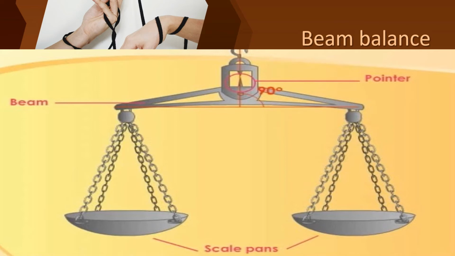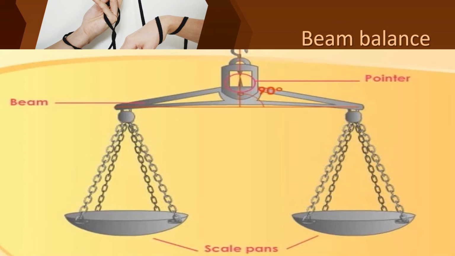Children, what are the parts we have seen here? A pointer at the top, a horizontal beam, and two scale pans, that is the left pan and the right pan. How will you measure the mass by using a beam balance? We hold the beam balance in the left hand, and we keep the standard weight on the left pan.